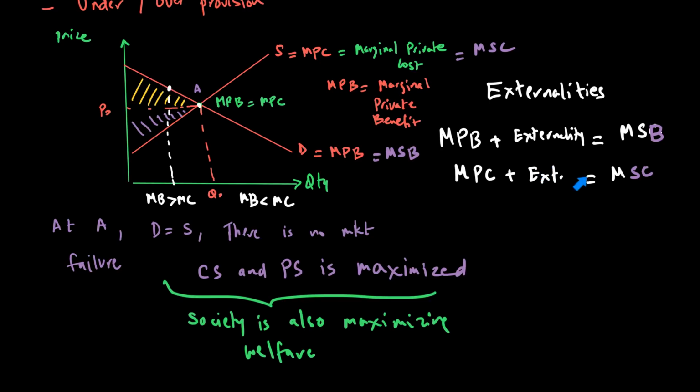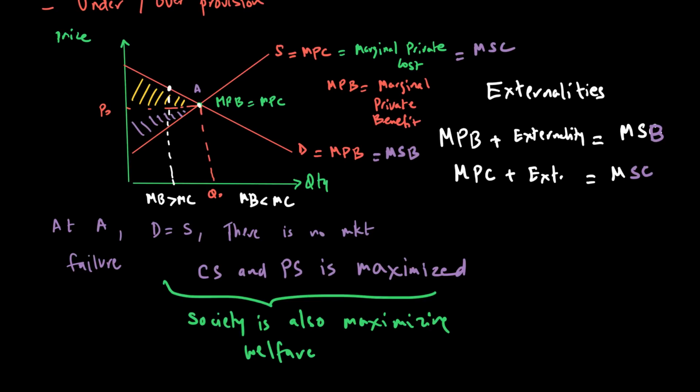So externality results in social cost not equal to private cost and social benefit not equal to private benefit, and that's why you might have a different view for yourself. You may say, I'm buying cigarettes, I'm pretty happy, marginal private benefit is maximized, but society may not be happy with your decision because there is a difference between your benefit and society's benefit, because now externalities have started to arise. Make sense?